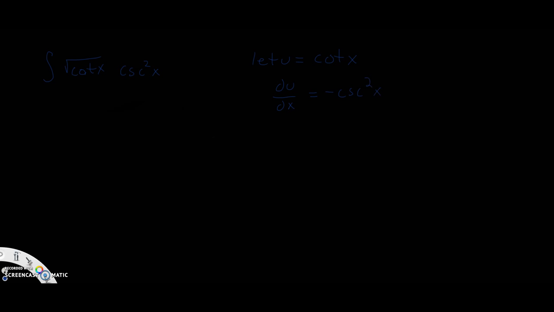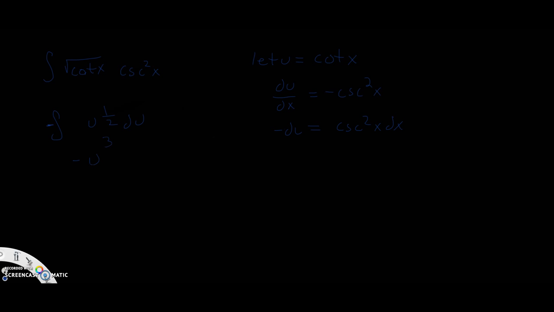So now I could say negative du equals cosecant squared x dx. So now I could say u to the 1/2 du, don't forget the negative here. So now when you're going to have to take the antiderivative, so add 1.